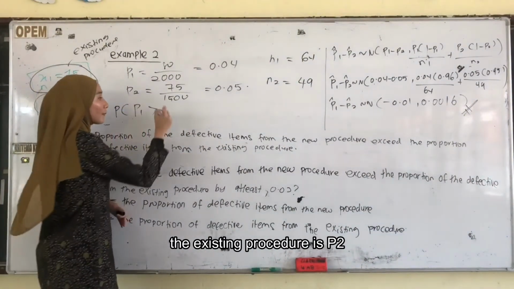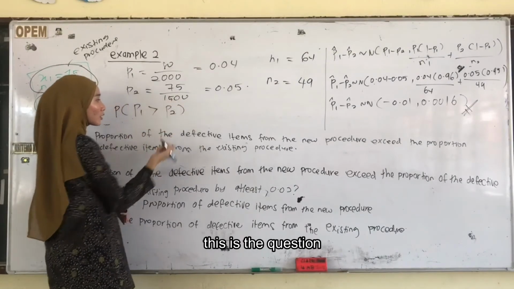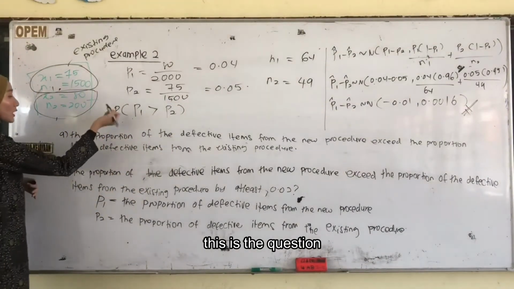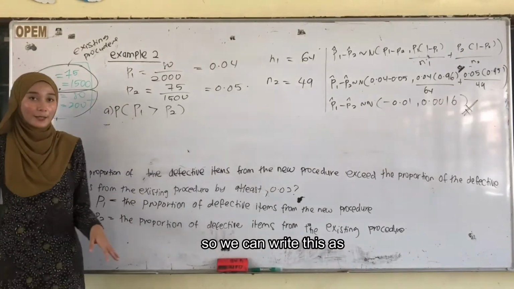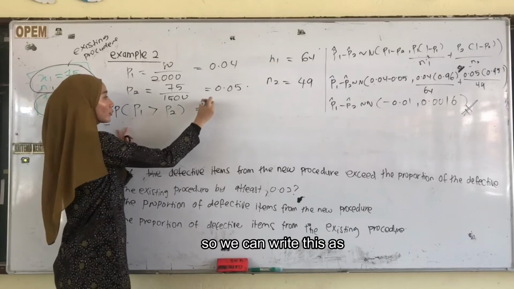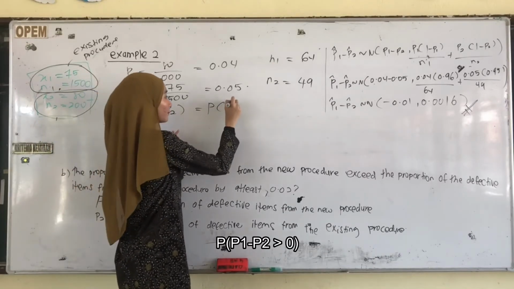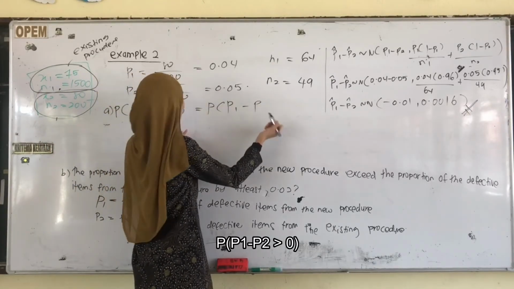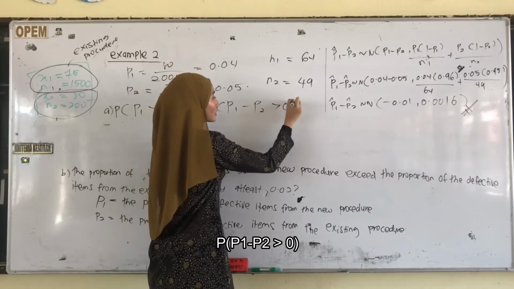Existing procedure is P2. So this is the question. Okay, we can write this to P1 minus P2 exceed to 0.